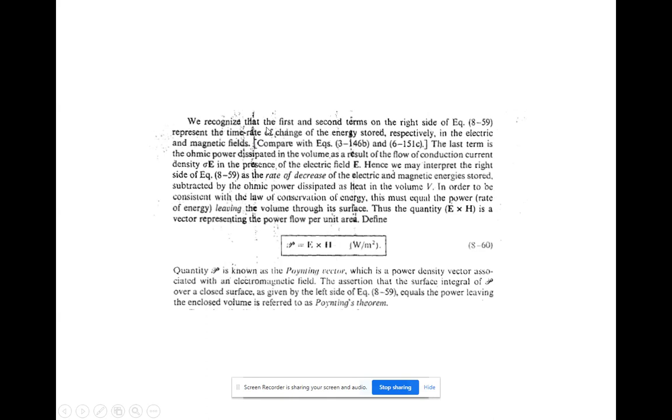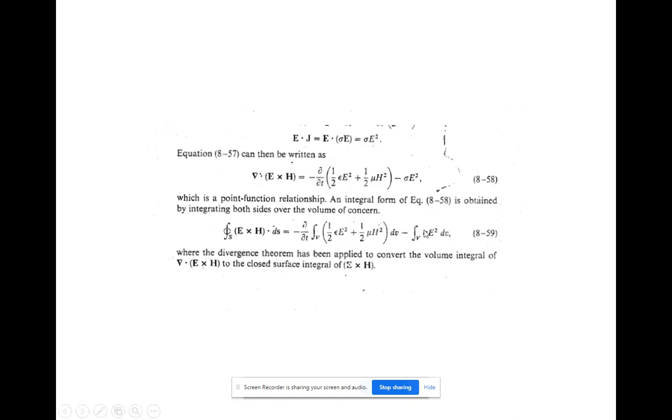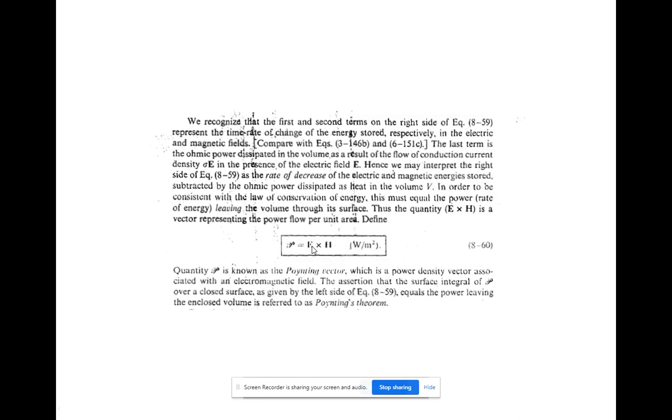Here we recognize that the first and second terms on the right side of the equation represent the time rate of change of the energy stored. The first and second terms in the volume integral are the terms that change with time; the energy stored in the field changes with respect to time.